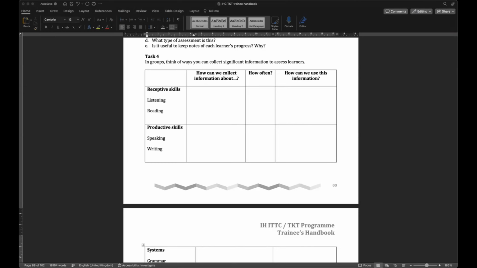Once again, what? To appeal. No? Yes, you play the audio and the student needs to complete with the word that they listen. Okay, okay, okay.